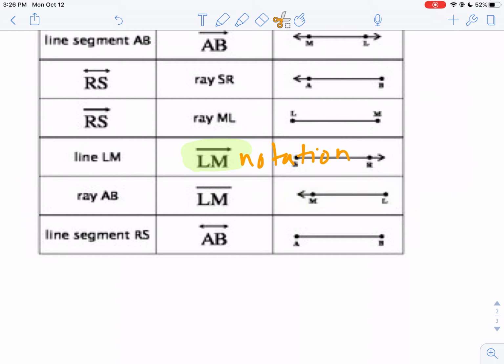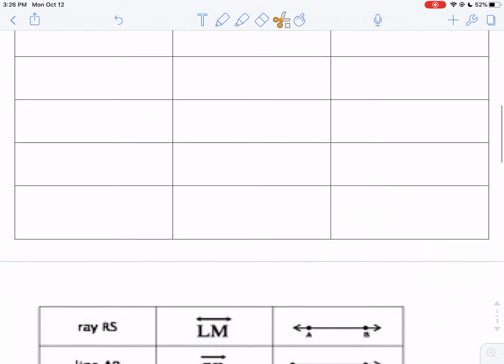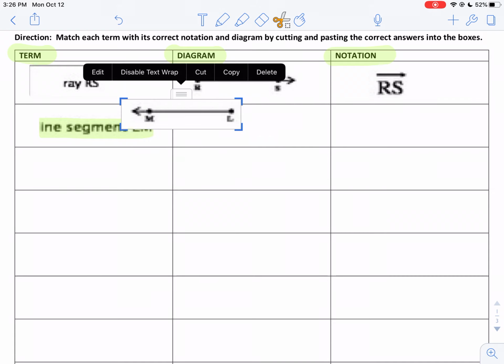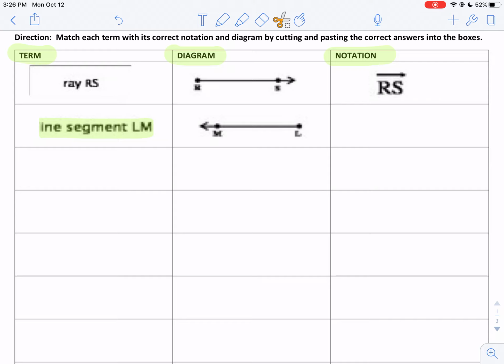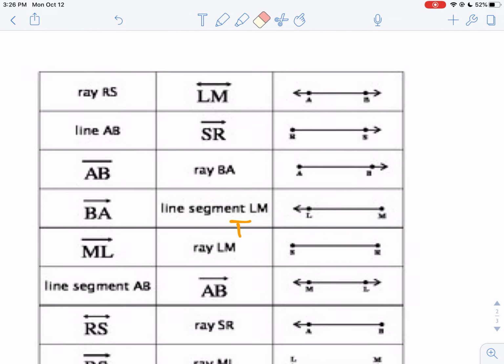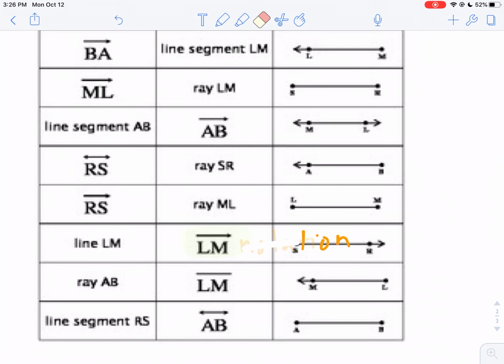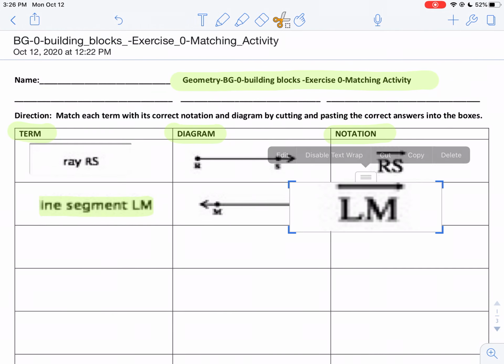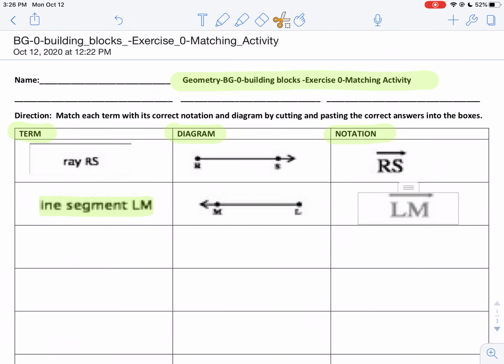Okay, then I need my ray LM, copy, and I'm gonna paste it in here, second column, paste, resize it, make it look nice. And now I need a notation. Again, I've already identified these, so it's easy for me. You should do the same too. Okay, so again, cut and paste, copy, and put it right here, paste, and resize. All right, so this is how you do this activity, okay?